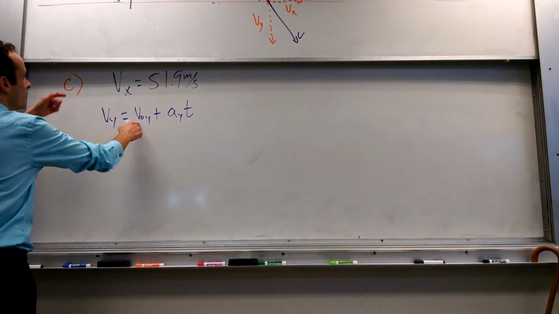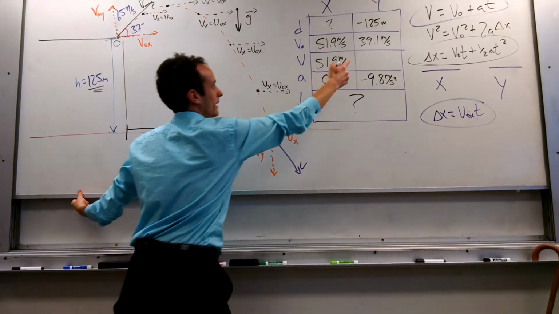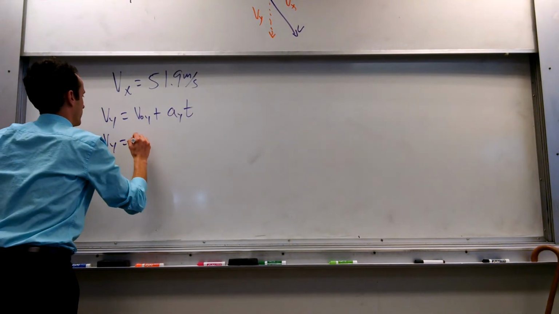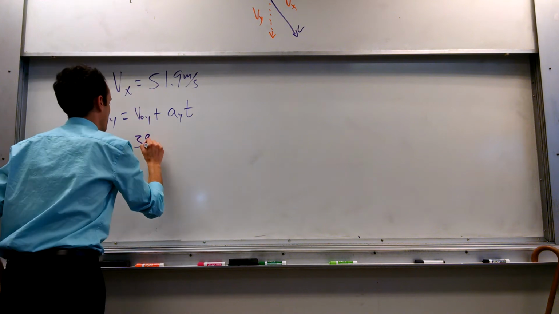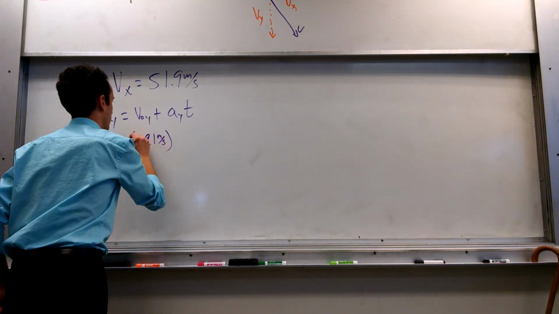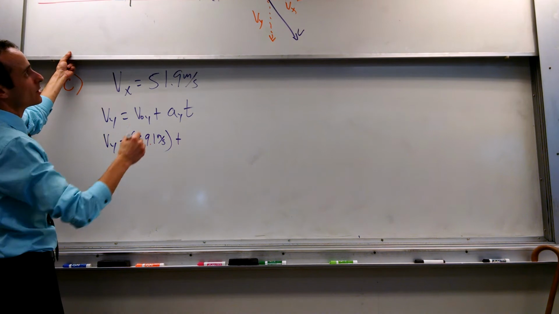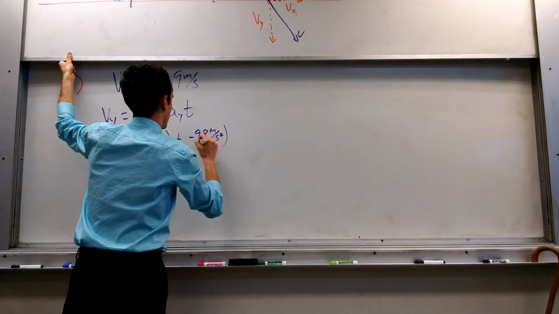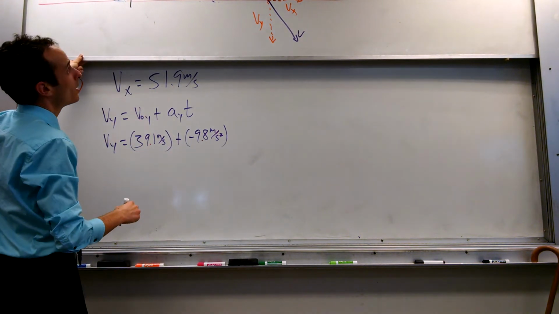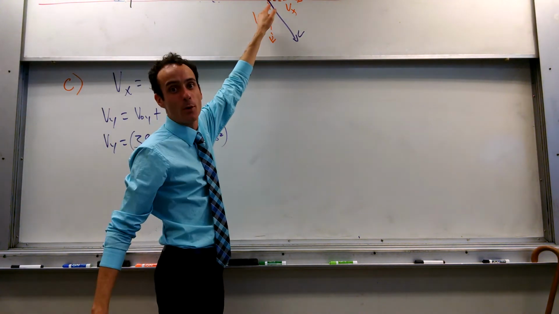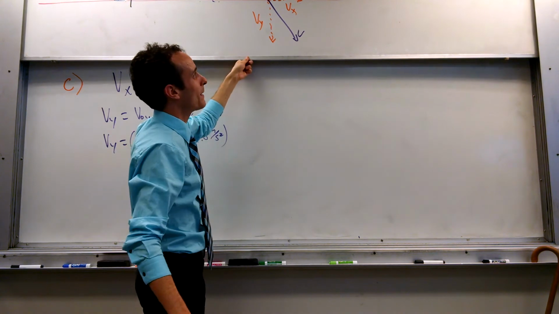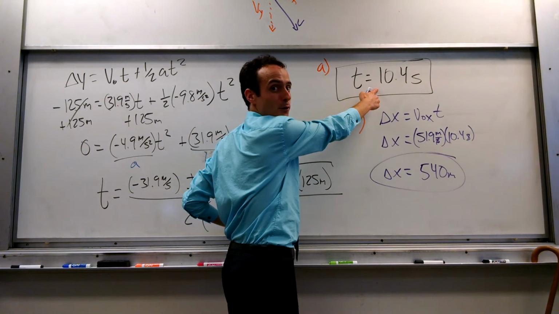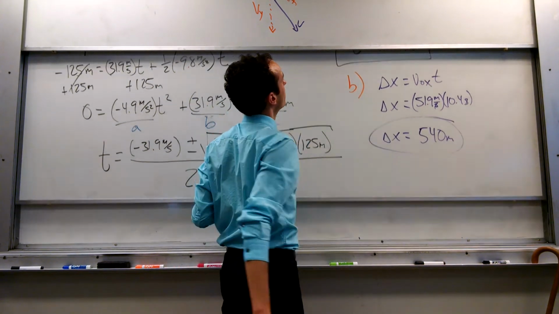That's what I'm going to use to find Vy. V naught y, already calculated, is 31.9 meters per second. So Vy is equal to 39.1 meters per second added to my acceleration along y, which is negative 9.8 meters per second squared, multiplied by the time at point P, which I calculated a while back in part A, was 10.4 seconds.